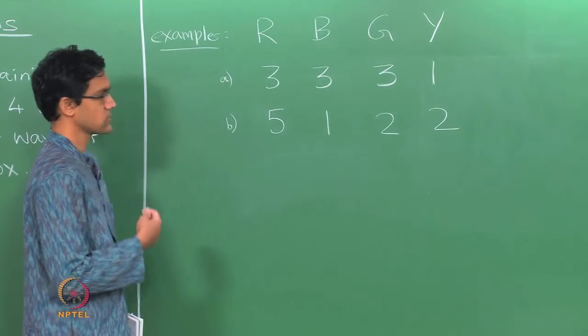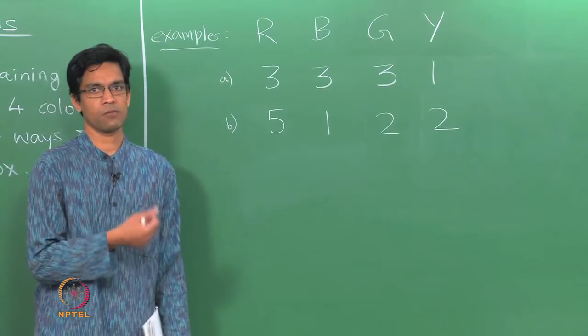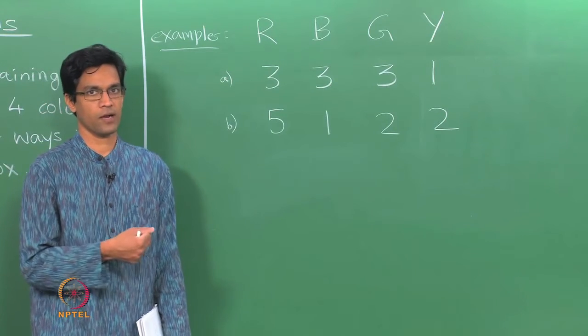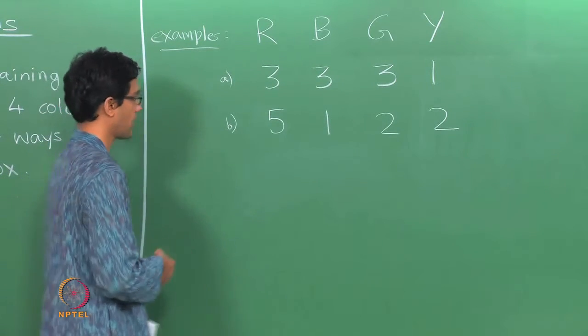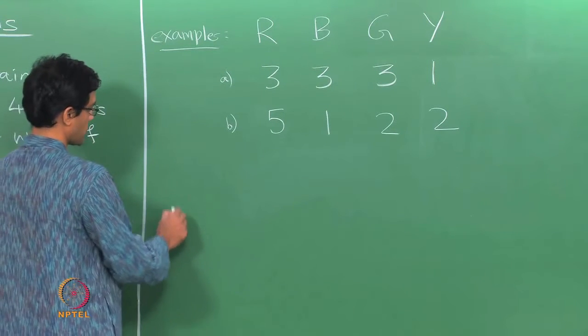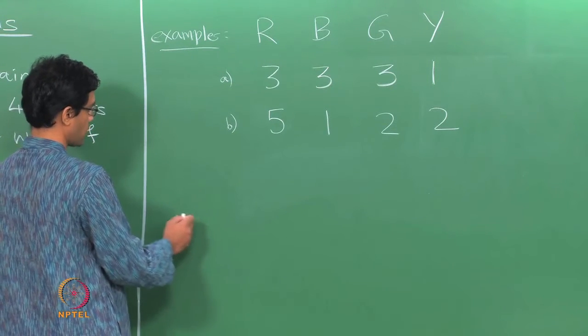So observe that this is different from the problem of combinations that we have looked at so far, because the typical problem of combinations says something like you have got n distinct objects and from those n objects you want to choose r of them.